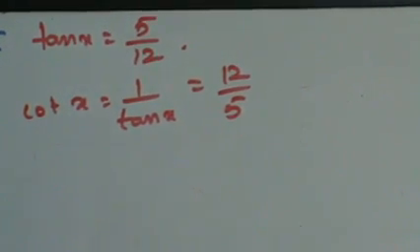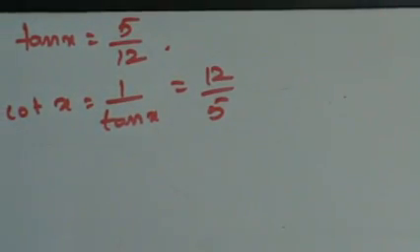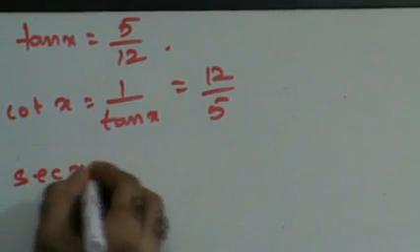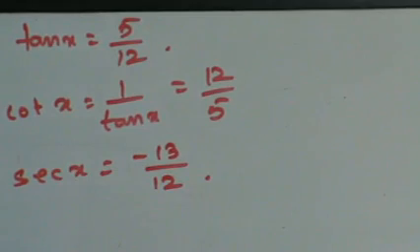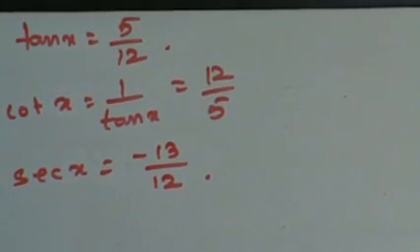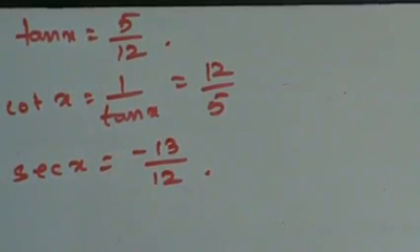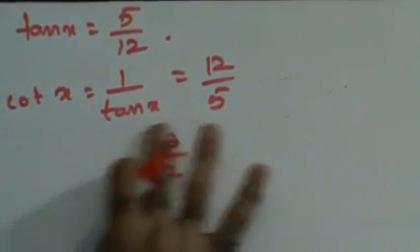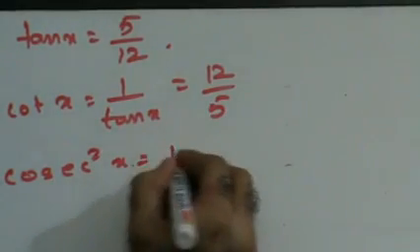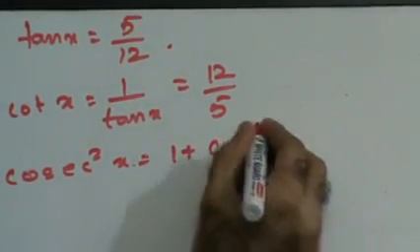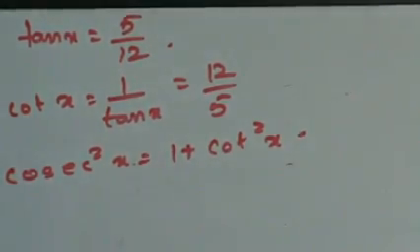Okay. Now they have given me the value of sec x. Sec x was given to me as minus 13 by 12. Right? I have to find out cosec x. I can say that cosec square x is nothing but 1 plus cot square x. I'm using the third identity.